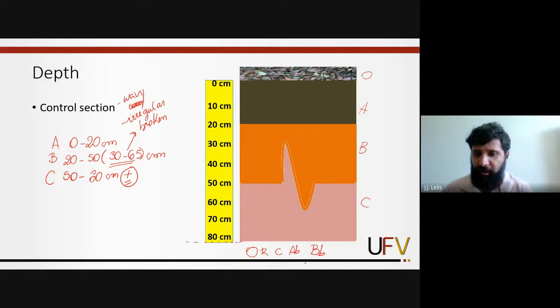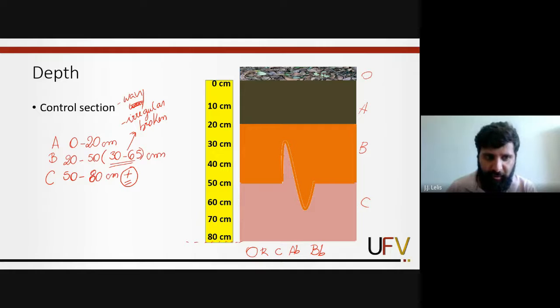I can see a lot of materials below this C horizon, but I don't know what I can find in this specific soil profile, because I didn't dig below 80 centimeters. So I just need to input this information.